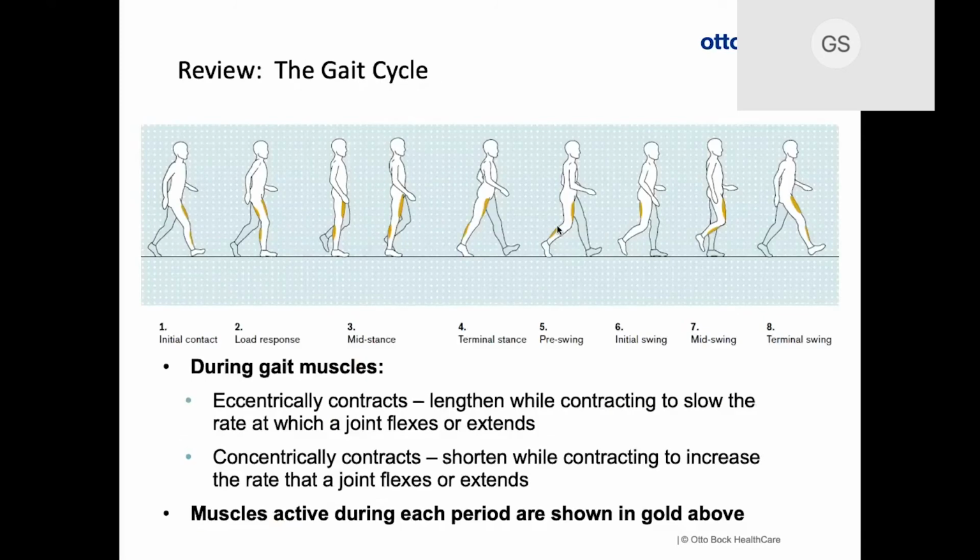So during the gait cycle, it's always important to remember that we're basically dealing with eccentric contraction or lengthening. Now, why do we mention this so often? I know that you all know what eccentric contraction is. The thing is, it's a much more dynamic slowing of that moment, right? So it's not necessarily coming to a mechanical stop and locking up.